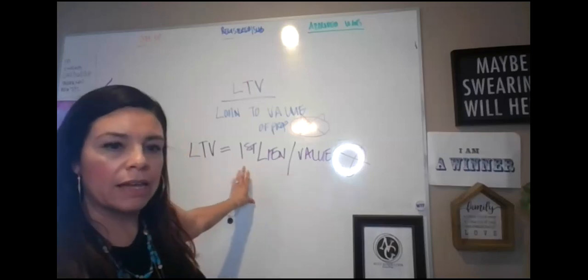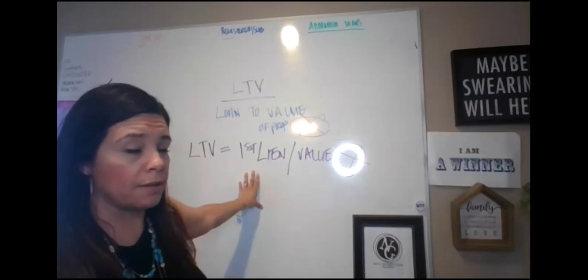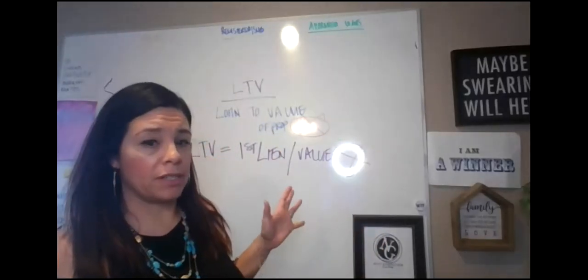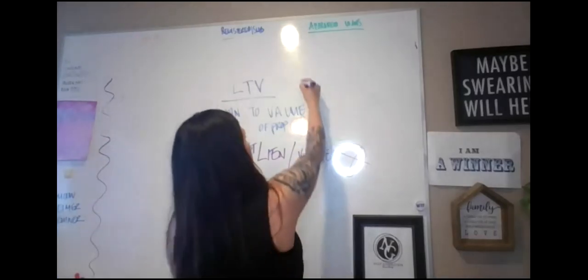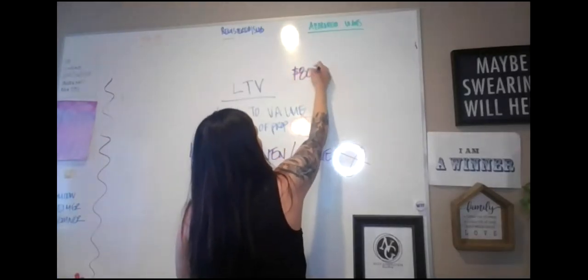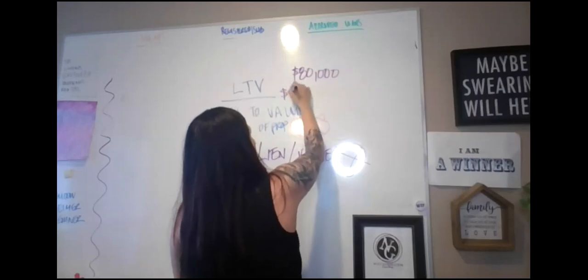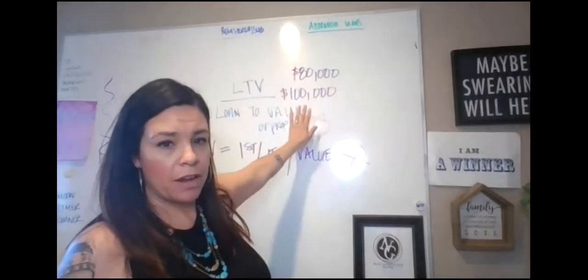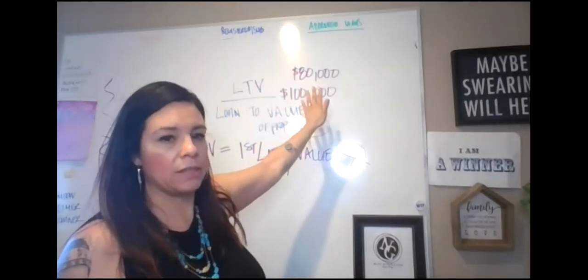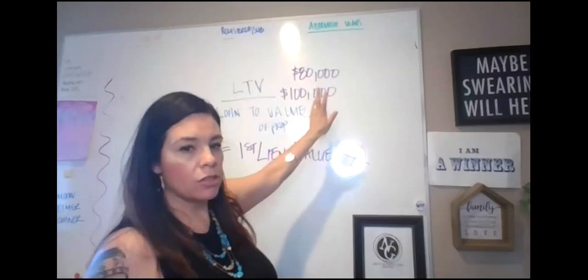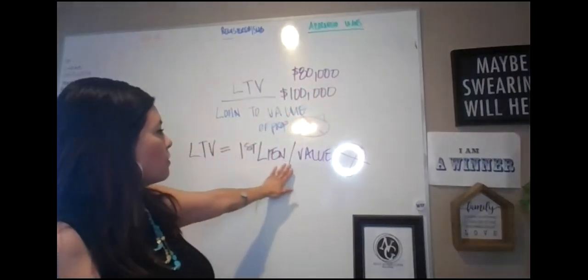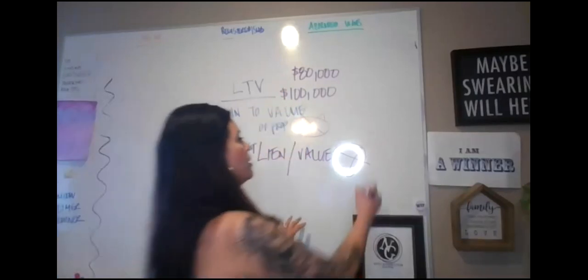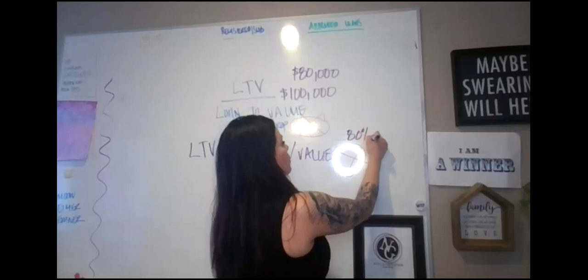For all of the math we're doing today, we're going to use an $80,000 loan and a $100,000 value, really easy math for me. If you have a first lien of 80,000 and a property value of 100, then you're 80% LTV.